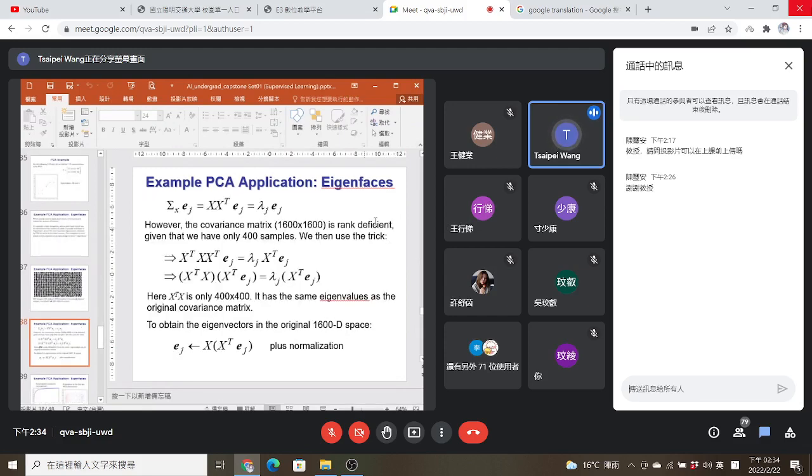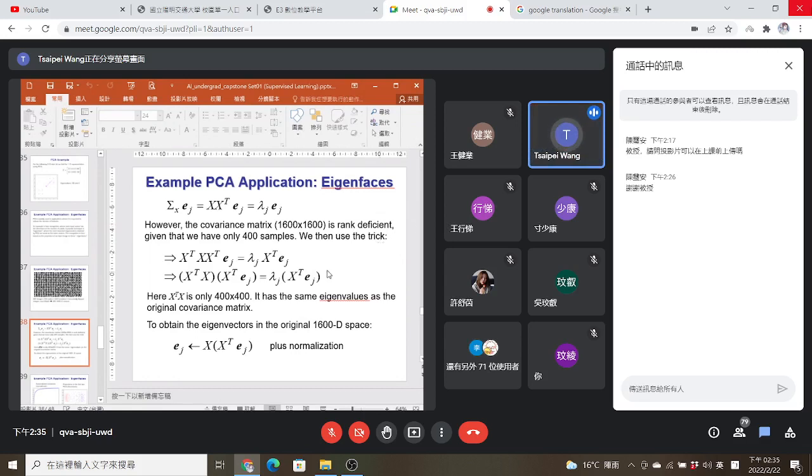So with some derivation, there's some trick here because you have more dimensions than samples. If you just try to do the original PCA here, you will find you have only 400 non-zero eigenvalues. But you have to do the eigenvalue problem on a 1600 by 1600 matrix. You waste that because its rank will be at most 400.